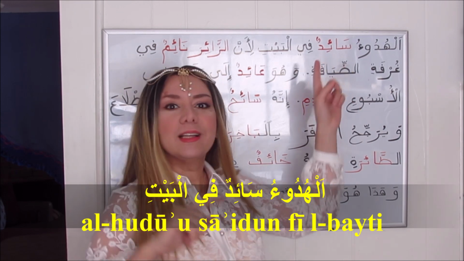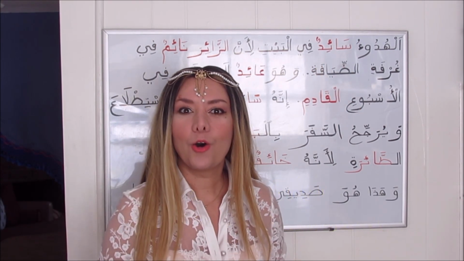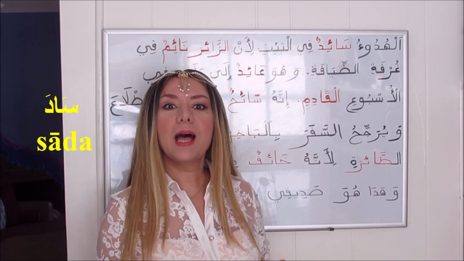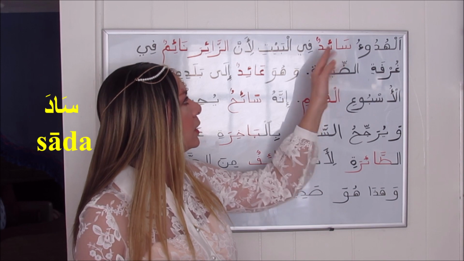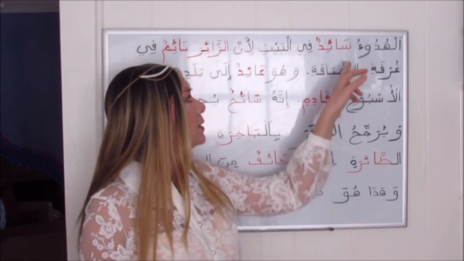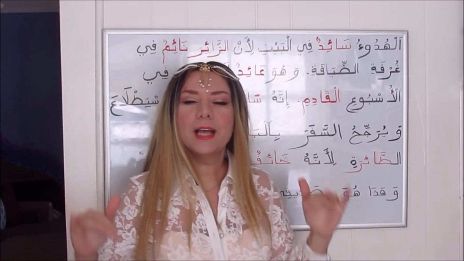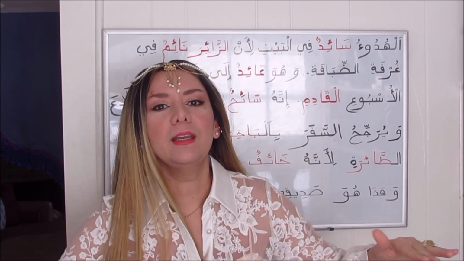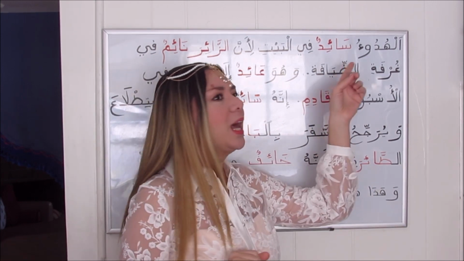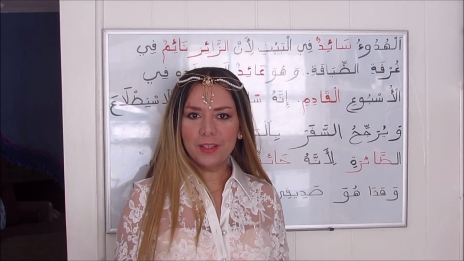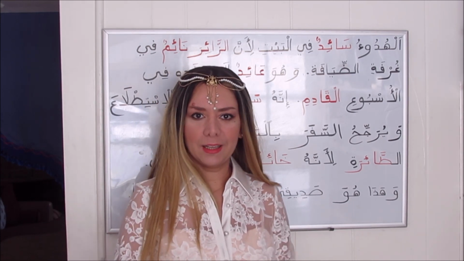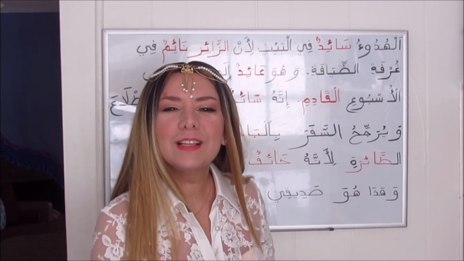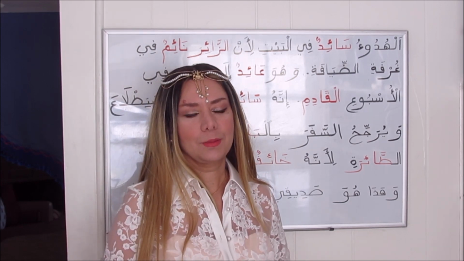So it is سائد, of the verb ساد. We just get rid of the hamza and the kasra to have the verb ساد, to prevail. So الهدوء سائد, silence is prevailing, or silence was prevailing.